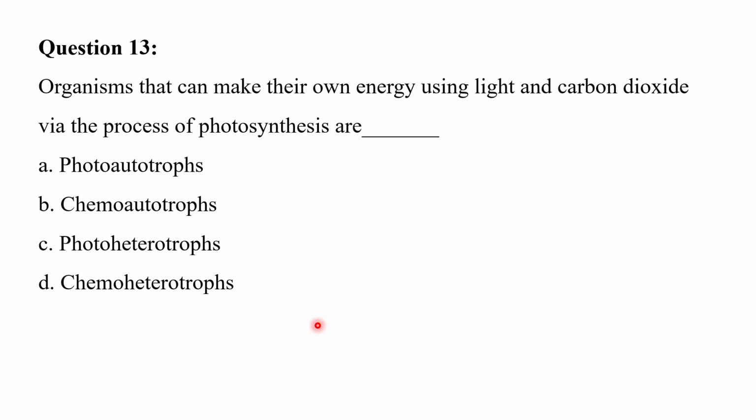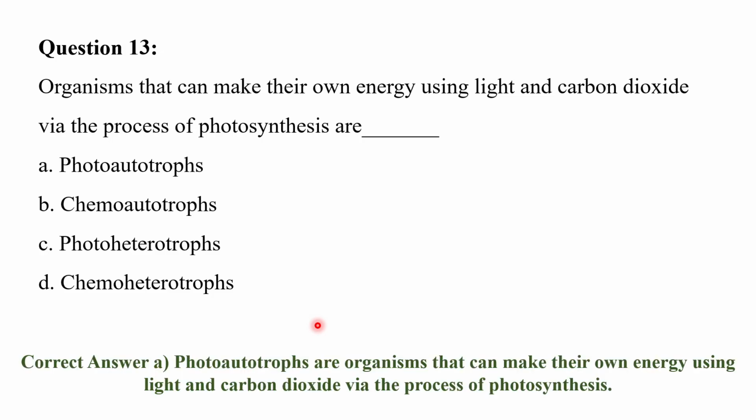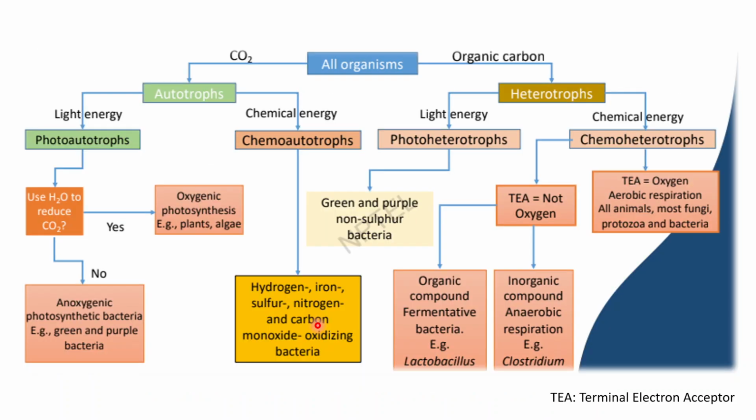So organisms that can make their own energy using light and carbon dioxide via the process of photosynthesis are called, what will be the answer for this? Yes, option A, photoautotrophs. So the correct answer is photoautotrophs. These are the organisms that can make their own energy using light and carbon dioxide via the process of photosynthesis.